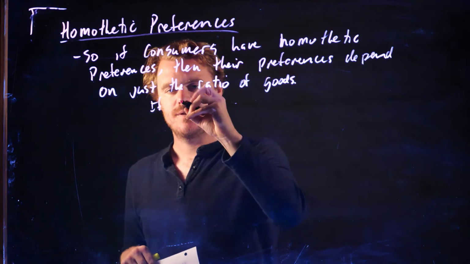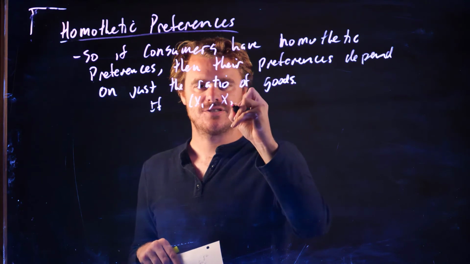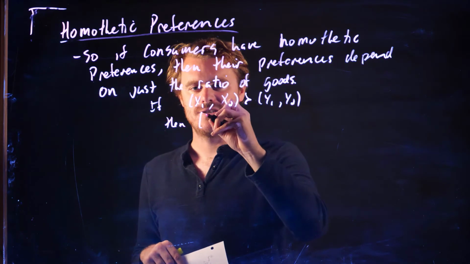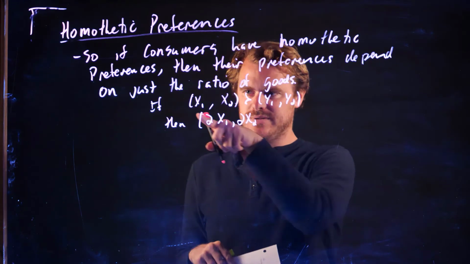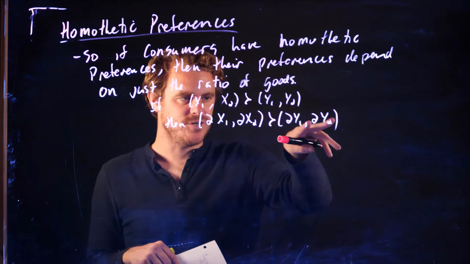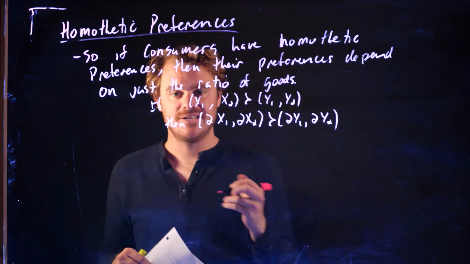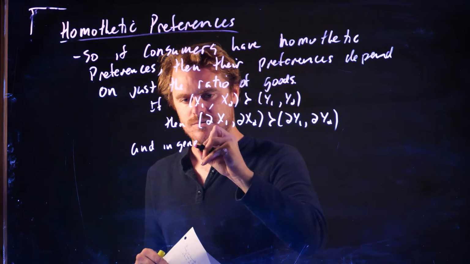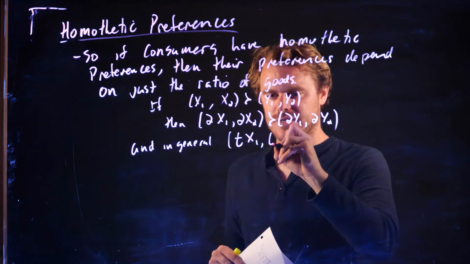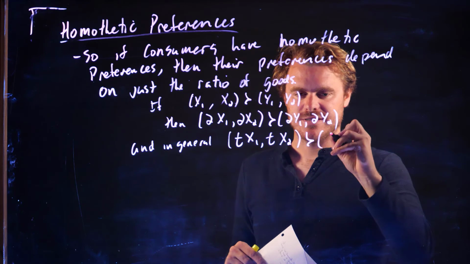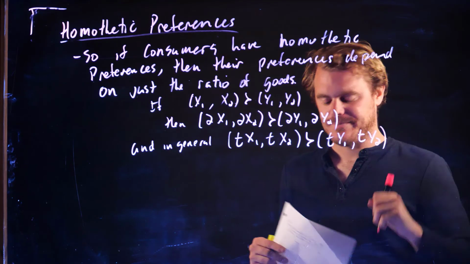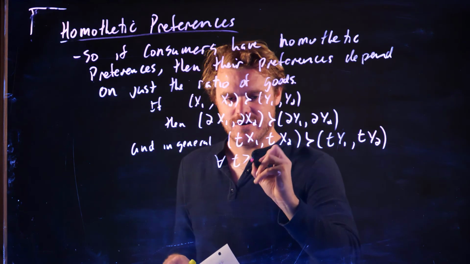So by that I mean if x1, x2 is preferred to y1, y2, and preferences are homothetic, then 2 times the amount of good 1 and 2 times the amount of good 2 in this first bundle must be preferred to 2 times the amount of good 1 and good 2 in bundle Y. And in general, T times x1, x2 is preferred to T times y1, y2, where T is just some constant, for all T greater than 0.